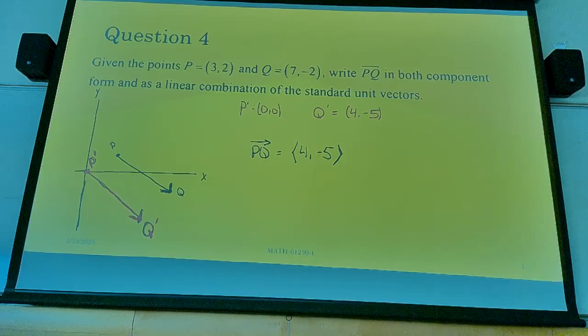All right, so notice then what we did. It would be negative 4, right? So we got that 4 by doing what?